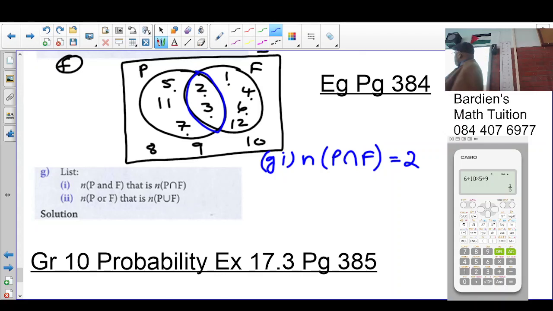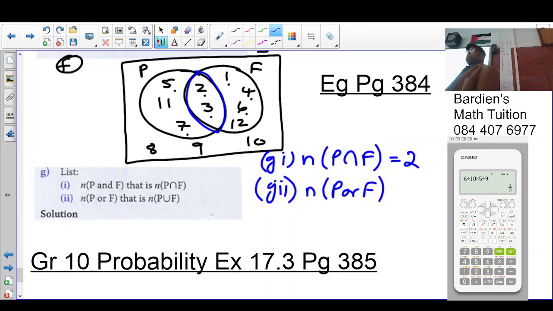Then G2: the number of P or F. Or is also the union. Make a note there. The day we did this, we made the note that or is going to be union and and is intersection.